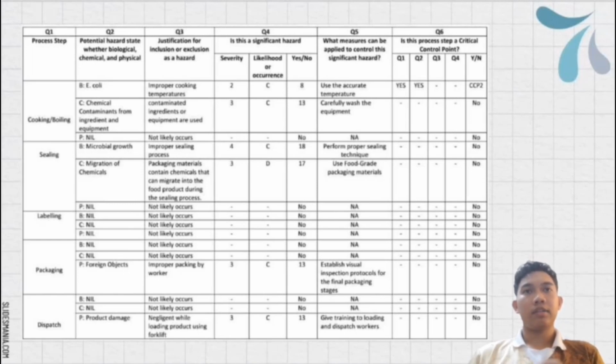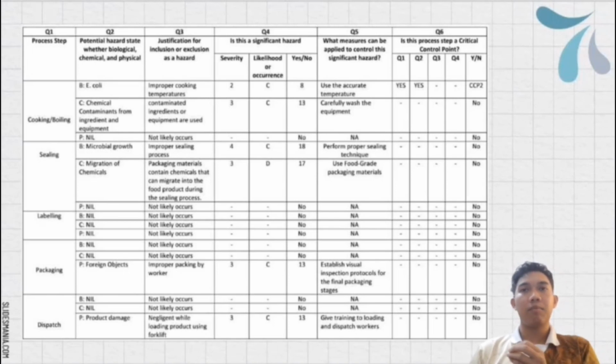For the chemical hazard, it comes from chemical contaminants at equipment and ingredient. Its severity is 3, which results in product recall, and it could occur. To control this hazard, make sure to wash the equipment until it's clean.